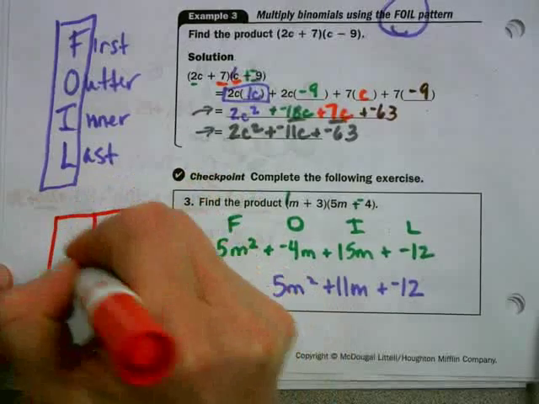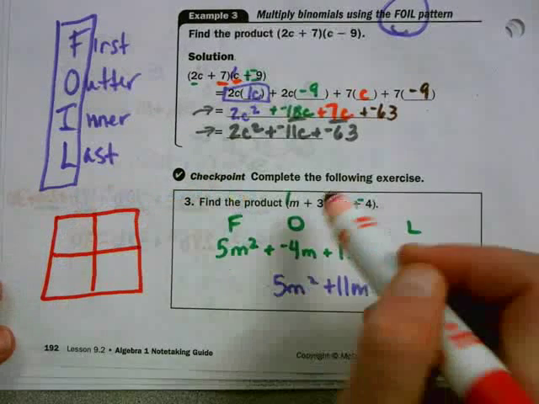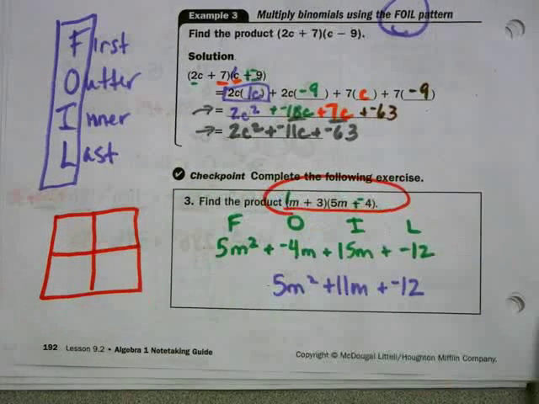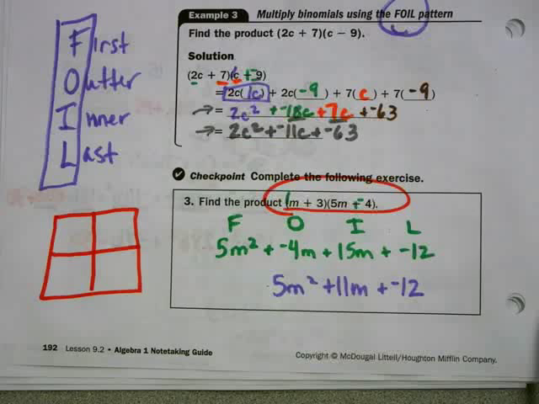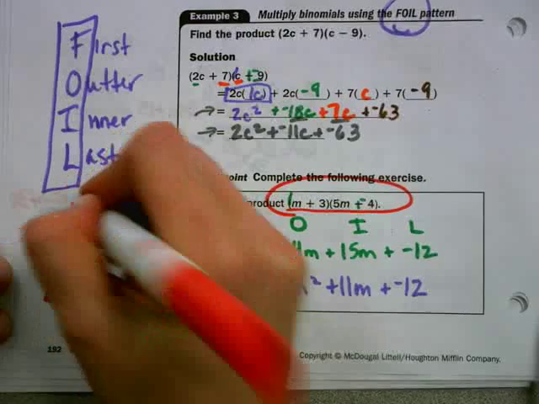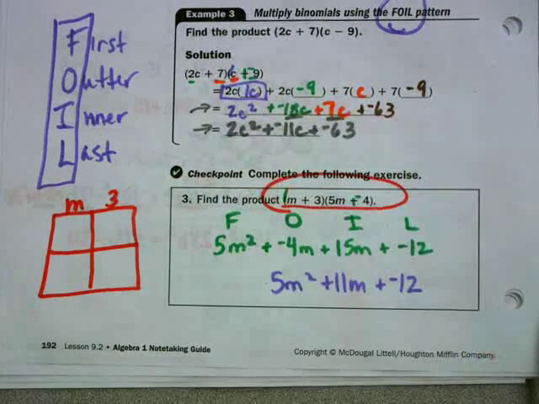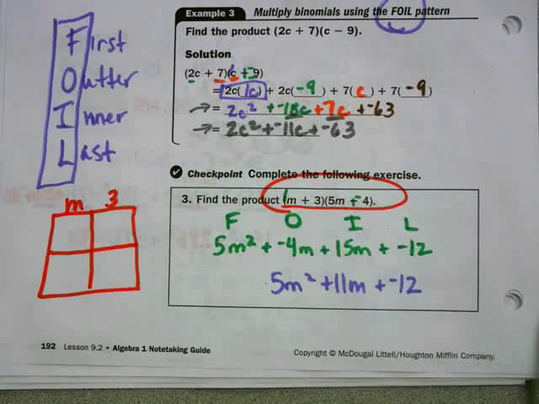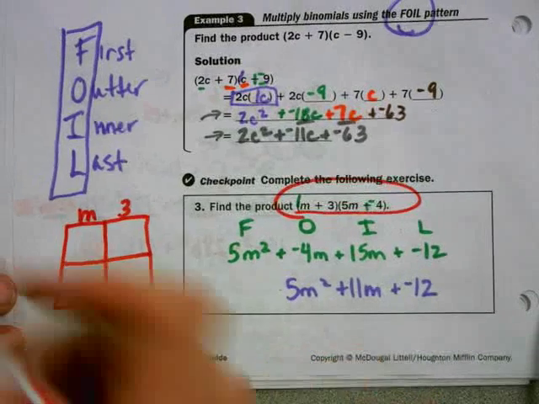Each term is going to get its own little side of the square. So here's m plus 3, and it's a positive, so I just have an m and a 3 in each spot there. And then it's 5m, interesting, 5m, and negative 4, so the minus 4 goes there.